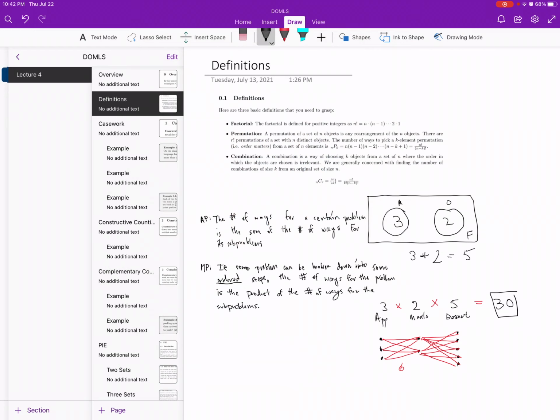Okay, so first of all, factorial. The idea behind factorial is that we're just multiplying the first n positive integers.